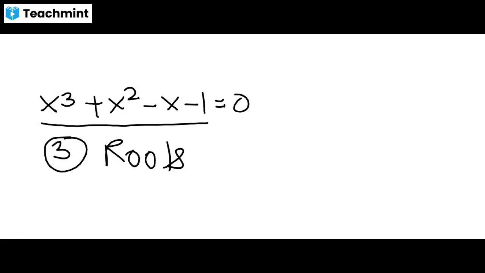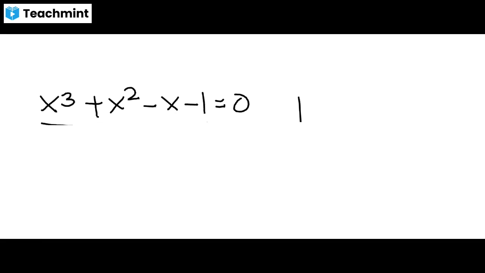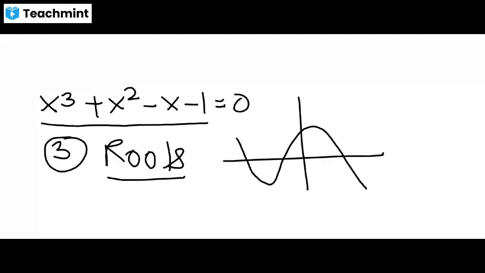So if we draw the curve of this particular equation, it will cut the x-axis at three different points. And what does this Horner synthetic division method do? It shortens the time to find the roots of a cubic equation. It is pretty much quicker than the conventional ways which we find in textbooks.